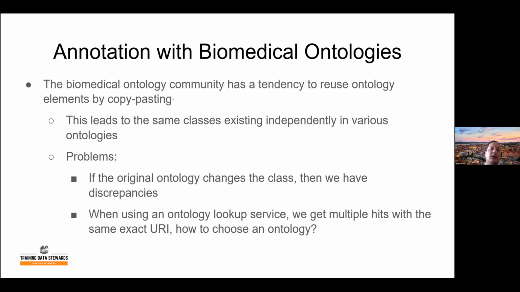The whole notion of ontology is that it is a description of a domain under a particular point of view for a particular application. Okay, so the description of, let's say, human in an ontology that's for clinicians is very different than the description of human in an ontology that is taxonomical.